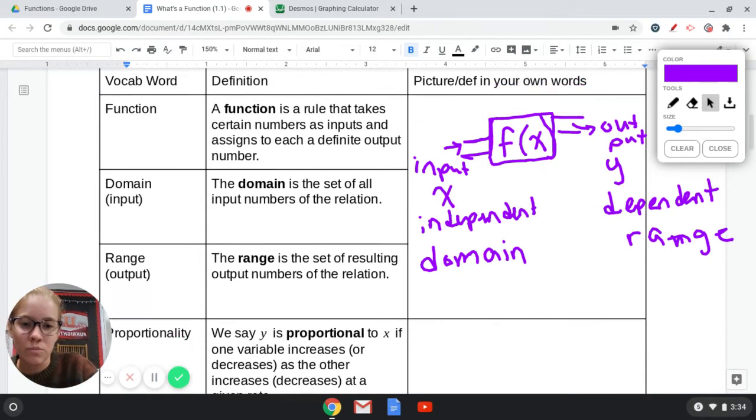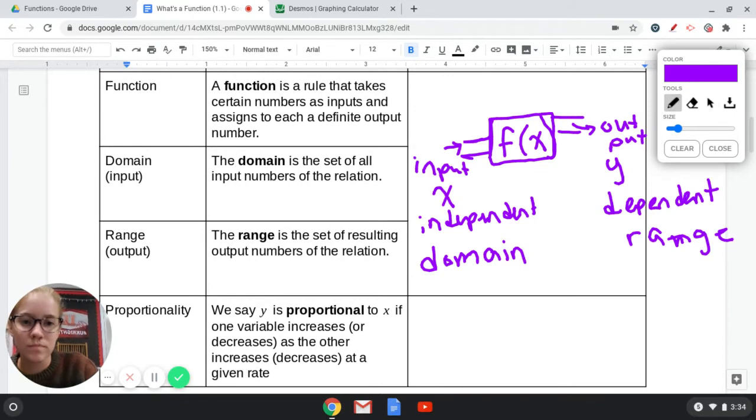But the key is the intersection. The key is we're starting at the origin, and it's essentially just going to be a line. It might be here, it might be going this way. But proportional is just increasing at the same rate x and y, or decreasing at the same rate x and y.